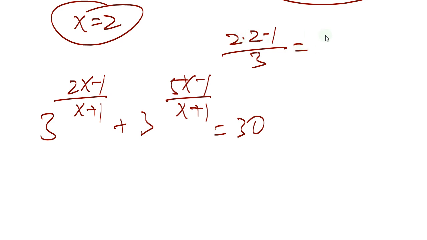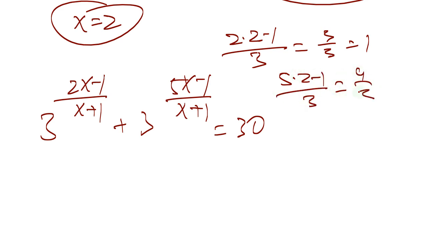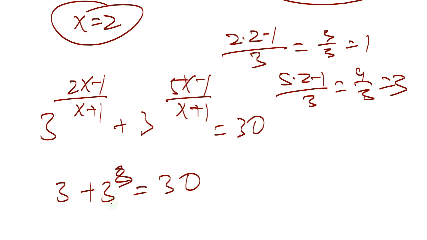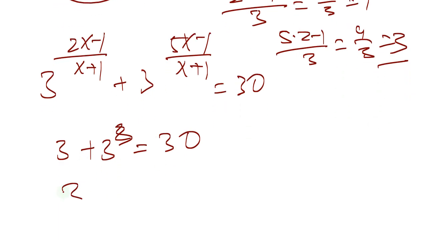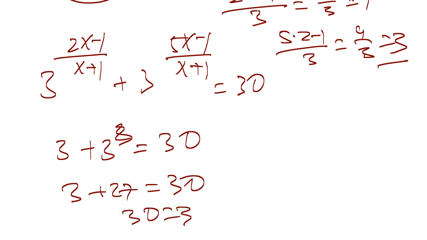So then we have here 3 divided by 3, which is 1. The second power here is 5 times 2 minus 1 over 3. This is 10 minus 1, 9 over 3, which is 3. So now we have 3 to the 1 plus 3 to the 3 here, because this is 3. And then this means that we have 3 plus 27 equals 30, and actually 30 is equal to 30.